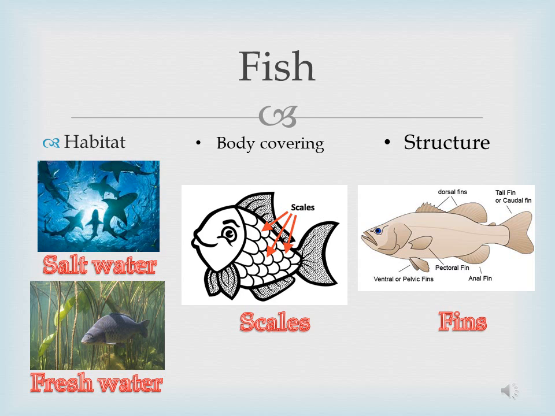Here we have the third group, and it is the group of fish. Different to mammals and birds, fish live in water, and they can live in salt or fresh water. Their body is covered with scales, and the principal characteristic of the structure is that they have fins, which help them to swim.